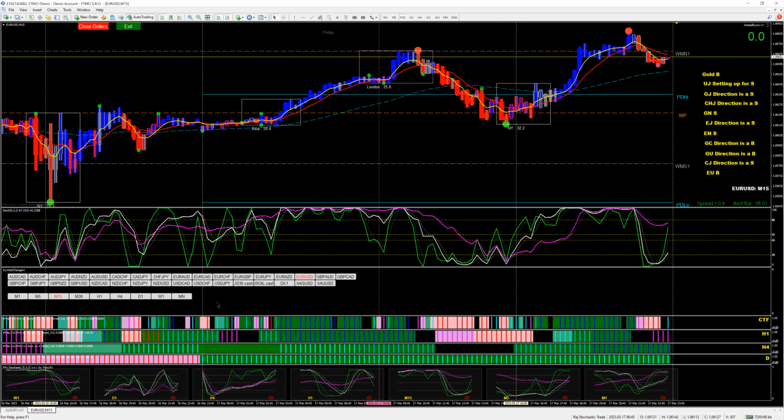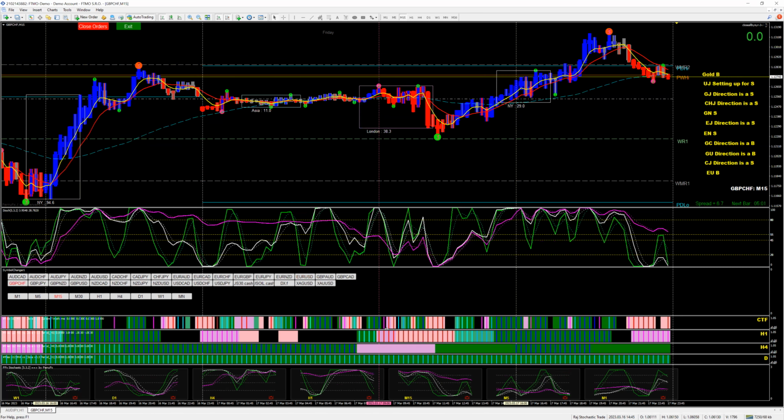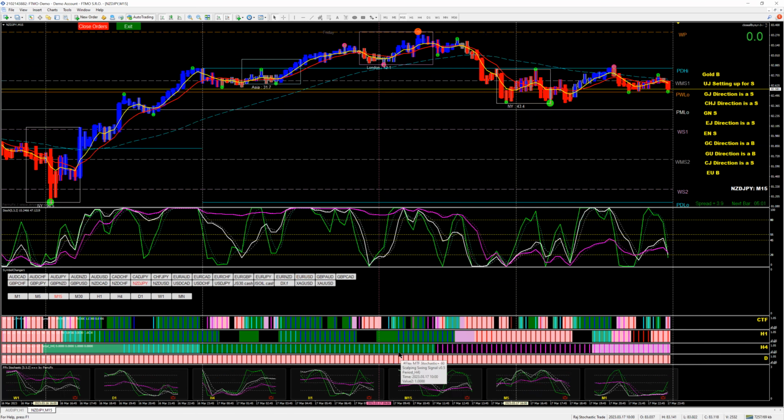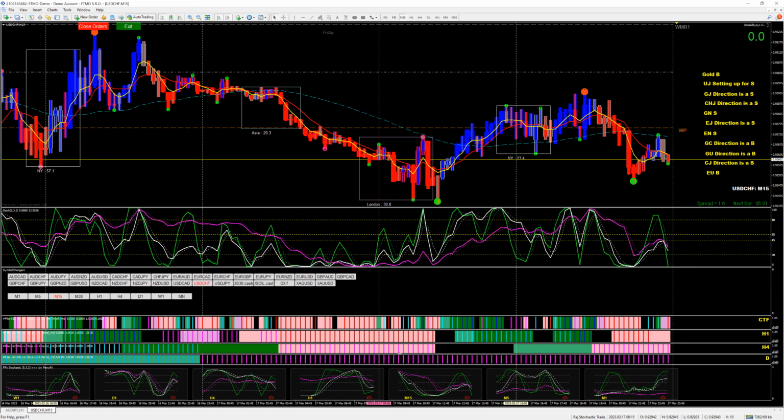Okay. Pound Swiss is not set up. NZD yen, not set up. USD Swiss, not set up.